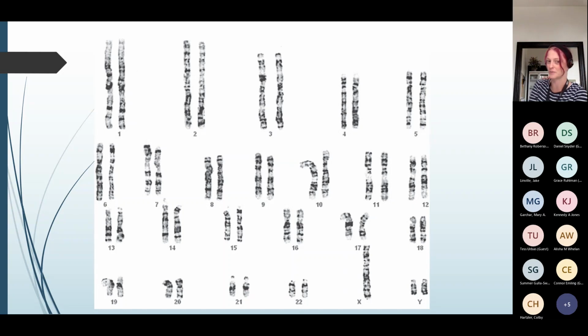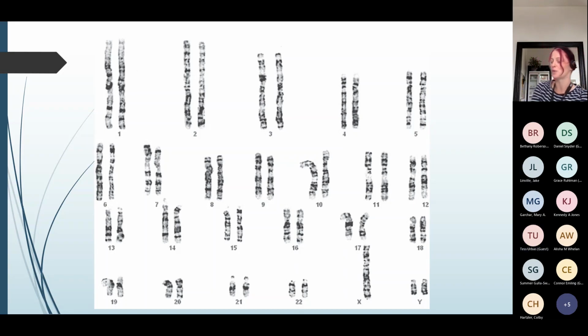Then we list our sex chromosomes. So we have 47, comma, and then what would we list as our sex chromosomes? Would it be XY or XYY?